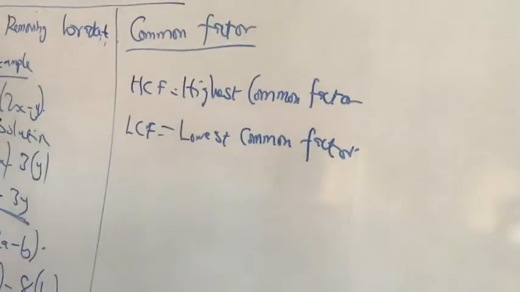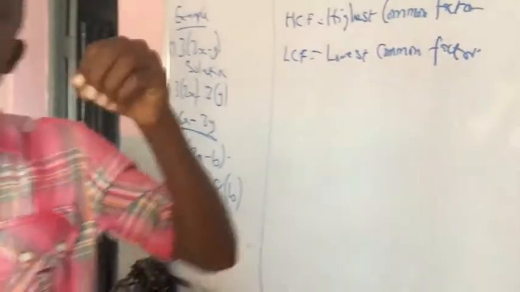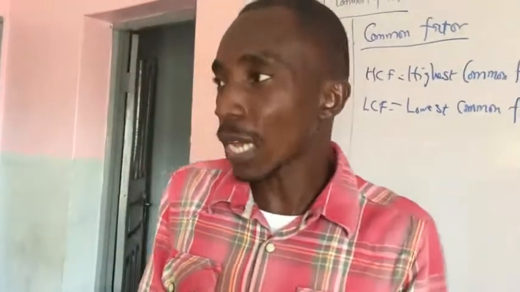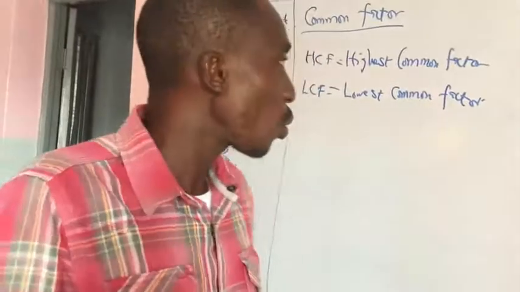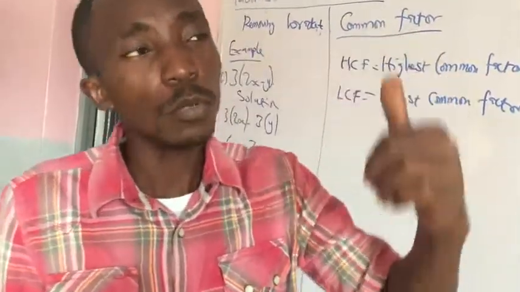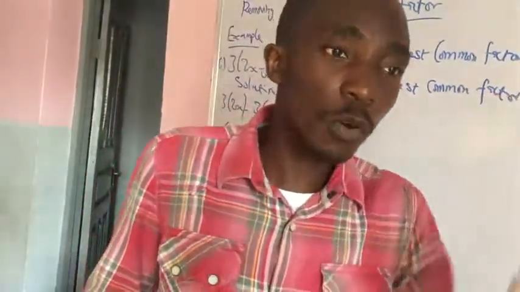If you remember vividly, the highest common factor is the highest value that is common to a particular expression. The lowest common factor is the lowest value that is common in a factor, where we start taking it from the lowest value to the highest value.